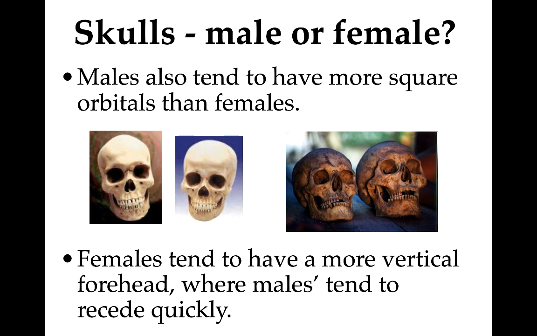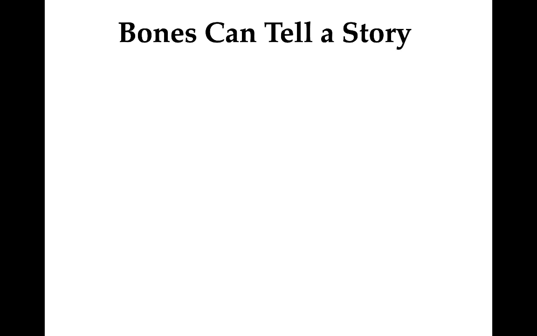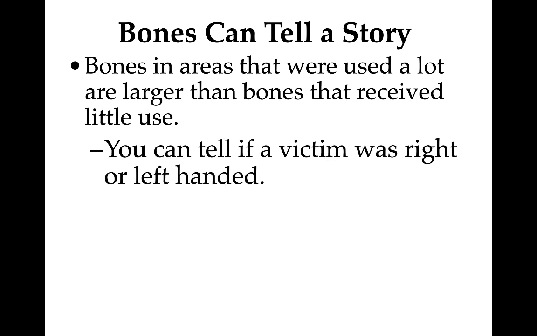The final thing that we're going to talk about in terms of how anthropologists can use skeletons to help us with investigations, other than age and sex. One of the things we can tell is if a bone has been used a lot. If a part of the body has been used a lot, then the bones tend to be larger than the bones that are used not as much. It makes sense. If you use a part of your body a lot, you're going to build up the muscle there, and your body needs the infrastructure in order to support that bigger muscle.